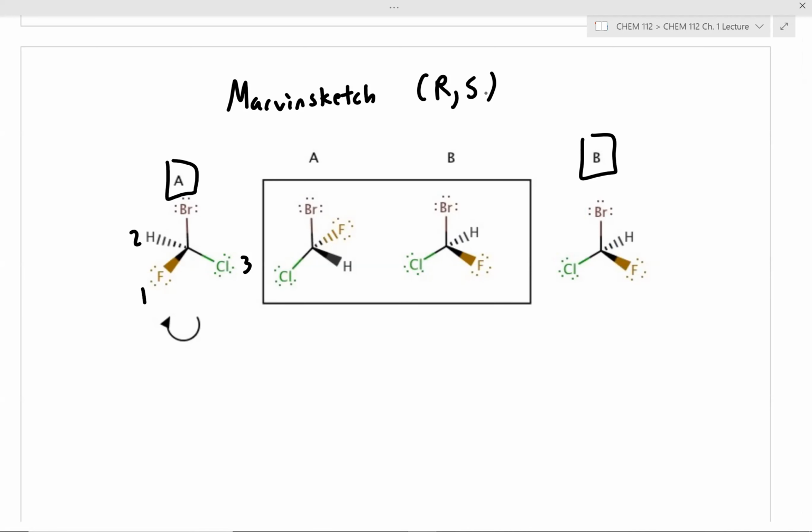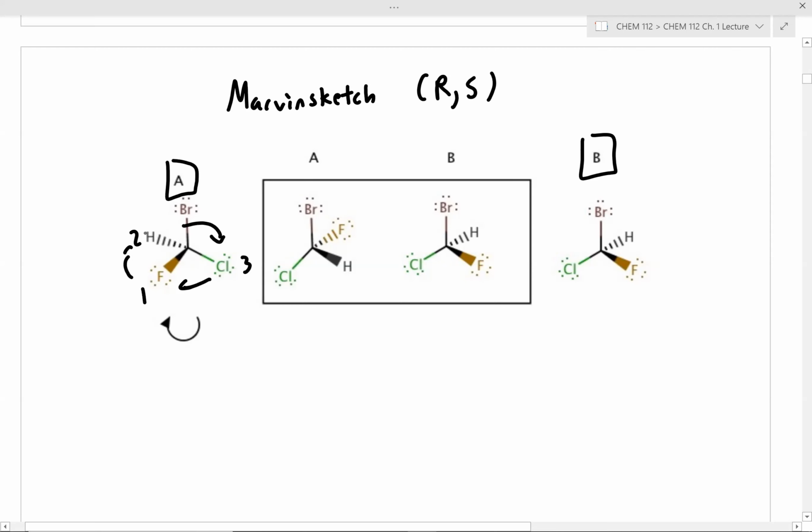Okay, so when we take these bottom three substituents and we rotate them clockwise, in effect, we're exchanging the position of each of these substituents in our line, wedge, and dash framework.